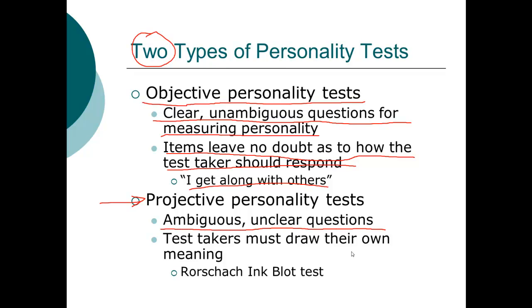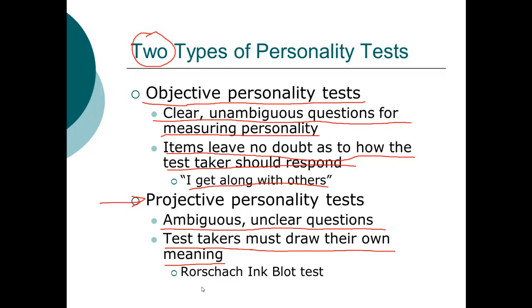Questions are asked of the tester so that they have to focus and narrow down some things, and then by seeing their answers to those really ambiguous questions, you can get a good idea of their personality traits. Test takers must draw their own meaning from what's shown to them or what's asked of them.